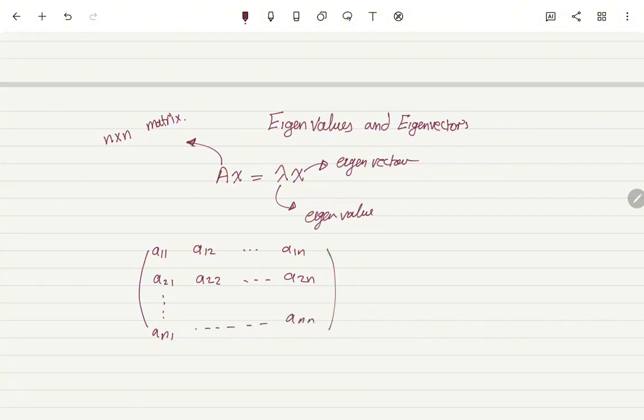This is the matrix A here times the x1, x2, x3 until xn. This will be equal to the eigenvalue lambda times the eigenvector x1, x2, x3 until xn.